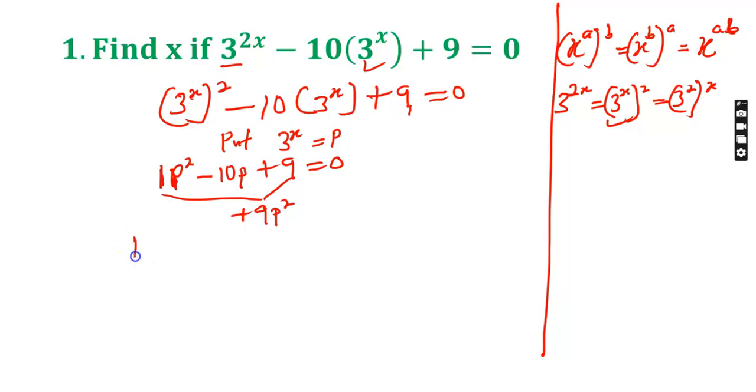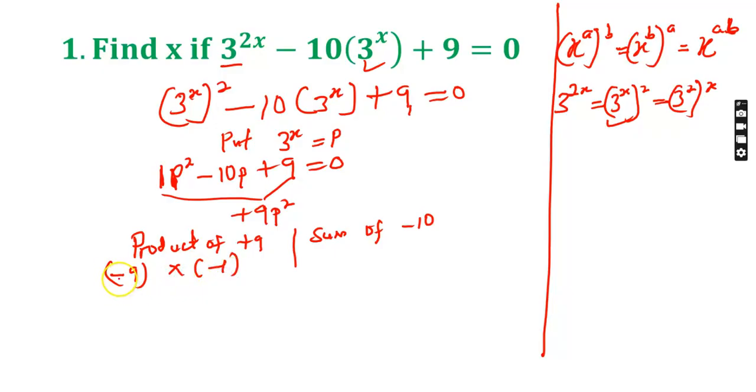So we look for the product of plus 9 and sum of minus 10. You think of two numbers that when you multiply them together you get plus 9, and when you add them together you get minus 10. Such numbers are minus 9 and minus 1.